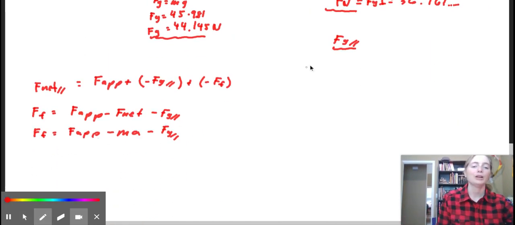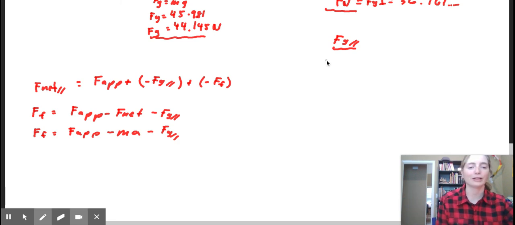Okay, so for our FG parallel, which is our opposite, and our plain old FG, which is adjacent, is going to equal sine of that 35 degrees.